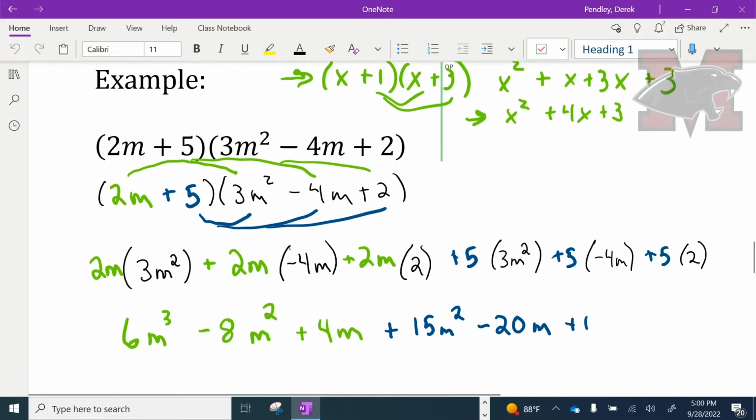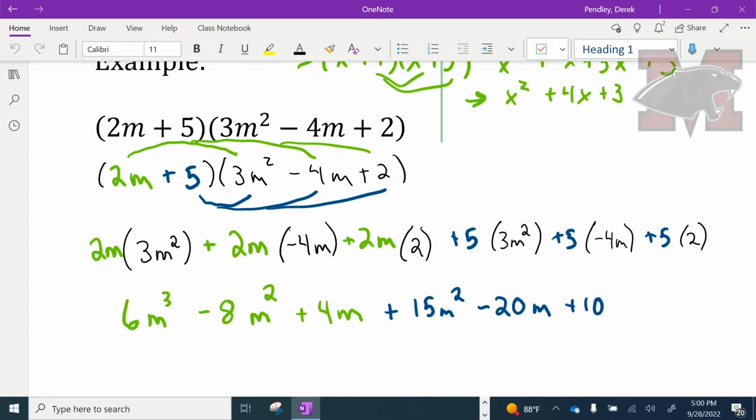So notice, I wrote these in colors on purpose. The 2m, when you multiplied 3m squared minus 4m plus 2, produced the 6m cubed minus 8m squared plus 4m. And then the positive 5 multiplied by that polynomial produced the 15m squared minus 20m plus 10.